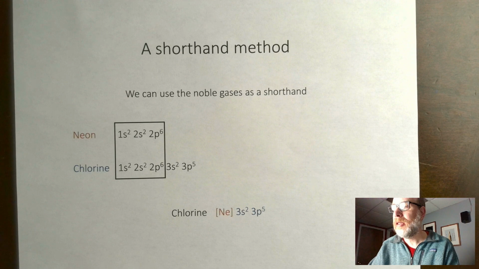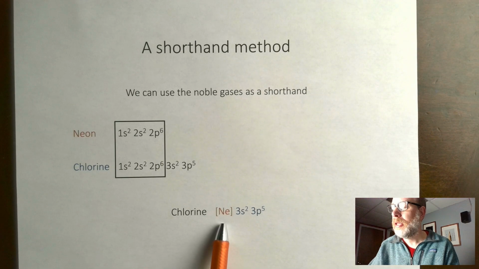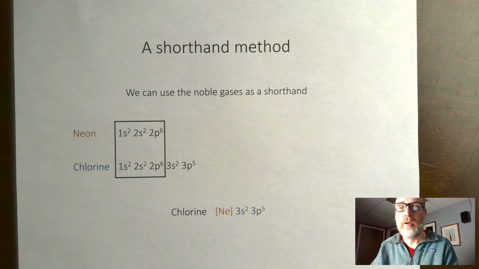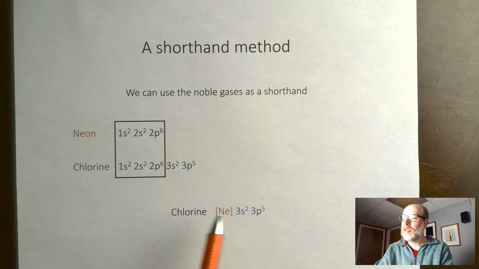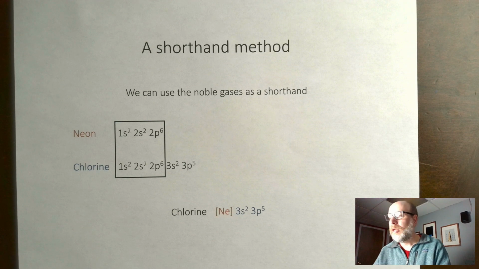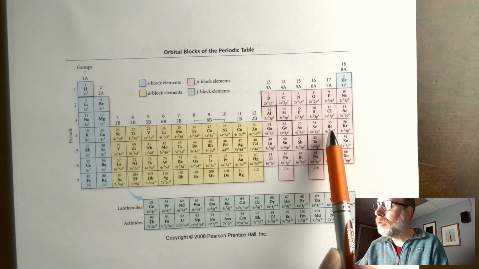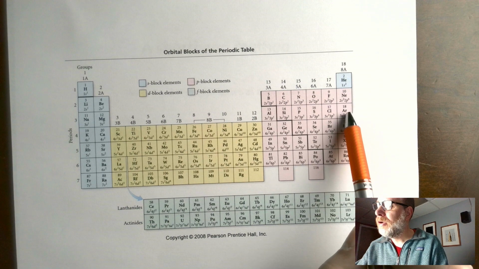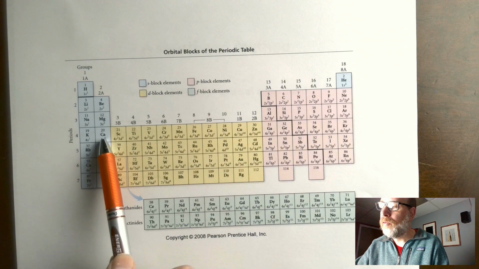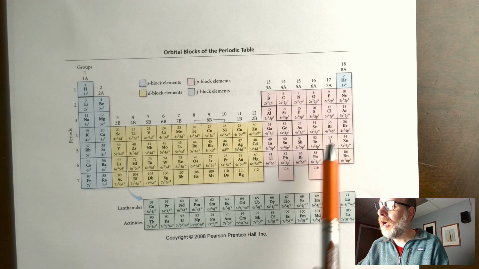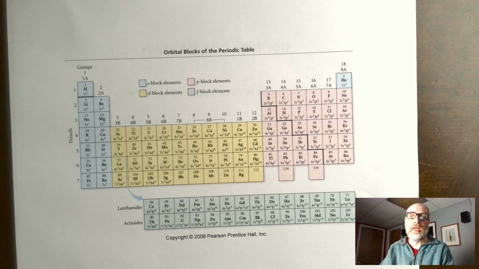So you might see electron configurations written in this way, using the noble gas shortcut. If we were going to do bromine, it might be the electron configuration of argon plus 2 4s electrons, 10 3d electrons, and 5 4p electrons.